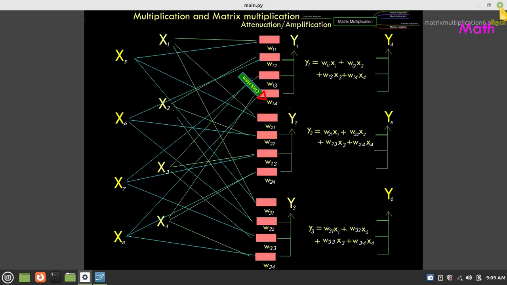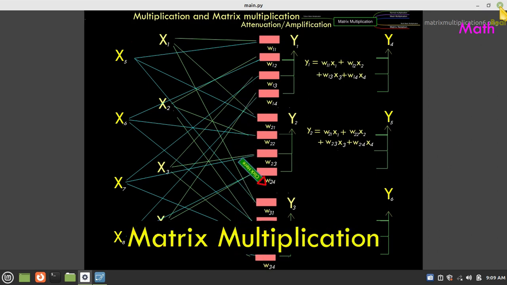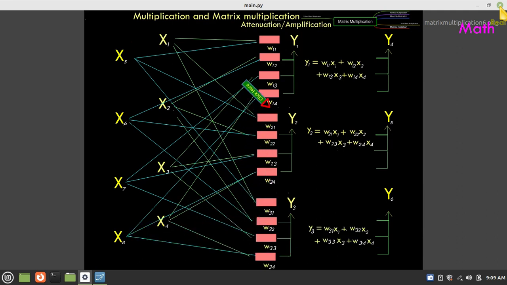4, 4, 4. So this set of inputs gets multiplied by these factors to generate y1, y2, y3. This set of signals is again modified by the same factors to generate y4, y5 and y6.